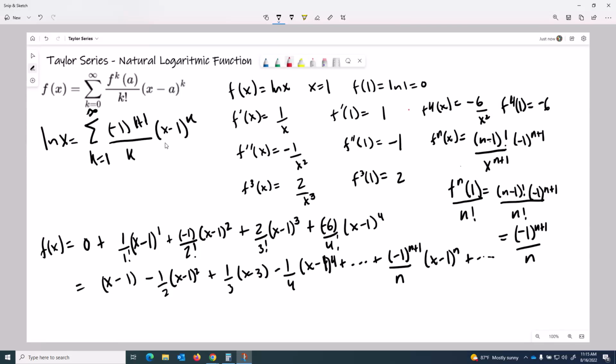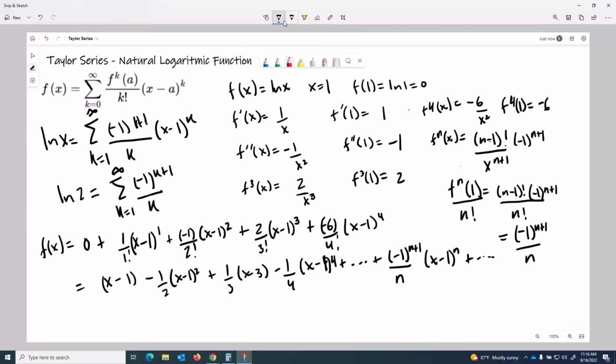Now, notice that if you wanted to find, for example, the natural log of 2, this would be equal to the series summation of negative 1 to the k plus 1 divided by k, from 1 to infinity.